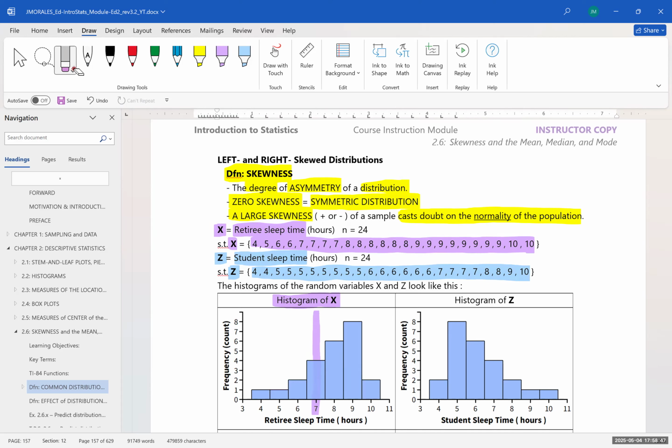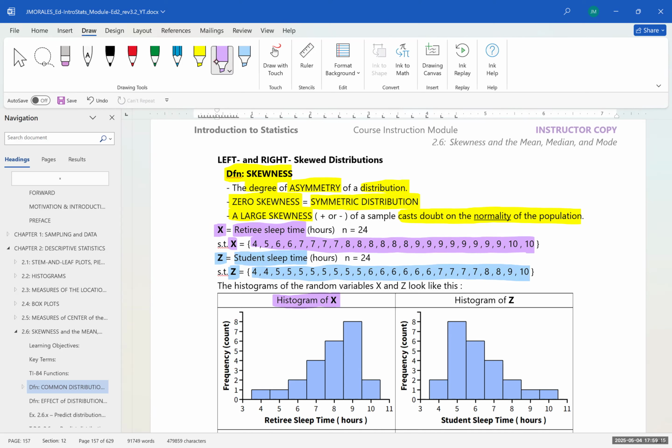You could try drawing a line of symmetry maybe right here, but is the shape on the left the same as the shape on the right? It's not. So we no longer have a line of symmetry. Instead, this distribution is skewed. Now, it is skewed in a particular direction.